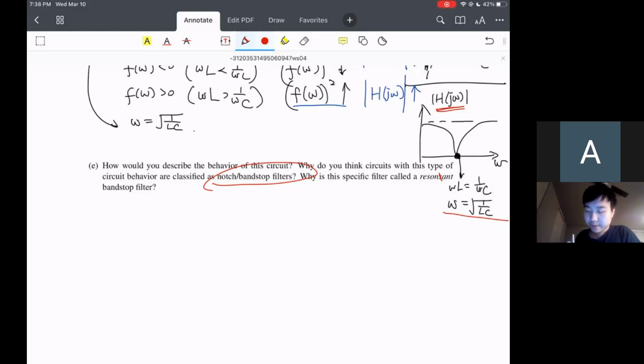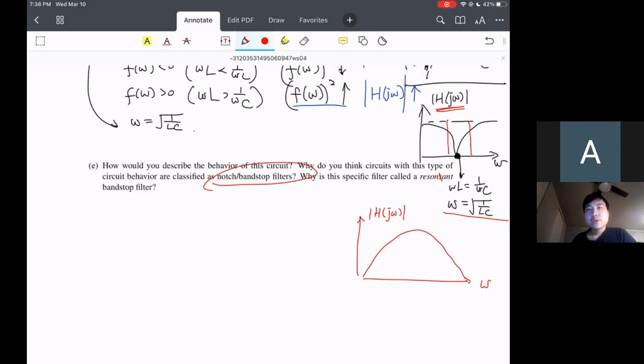The bandpass filter's magnitude plot, as omega increases, is going to look something like this. But in this case, it just retains whatever signal is outside of a specific range and cuts out the signal in the middle. So this is why this is called a bandstop filter.